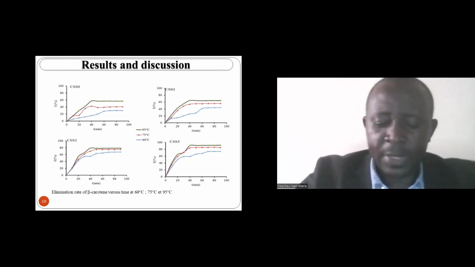These plots represent the effect of temperature and the contact time on the bleaching process.